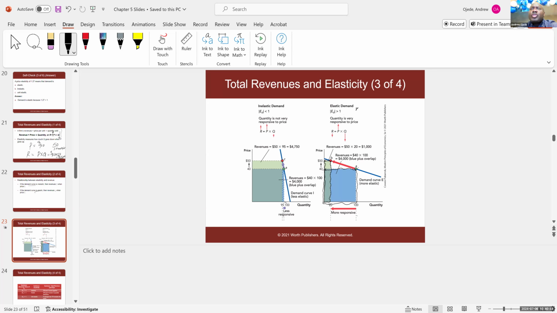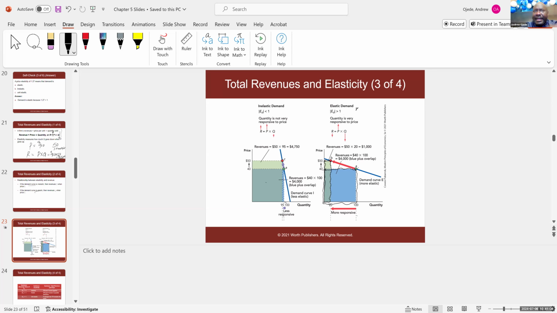That revenue is going to be a lot smaller, because now you're going to multiply the length times width, which is going to be 20 times 50. So revenue is going to fall to only 1,000 from 4,000. You can imagine. So you're going to lose 3,000 in total revenue if you raise the price of this product by just $10, from 40 to 50.